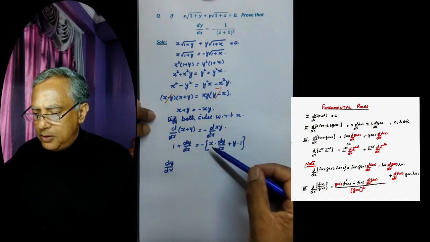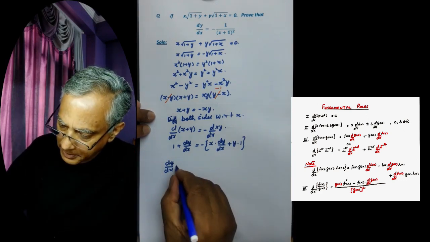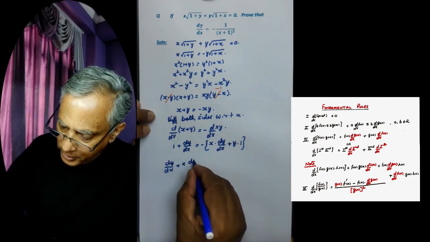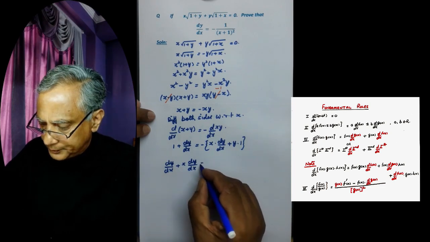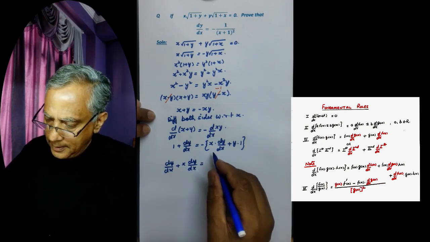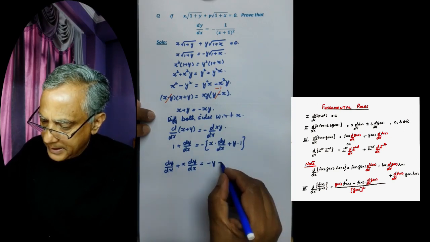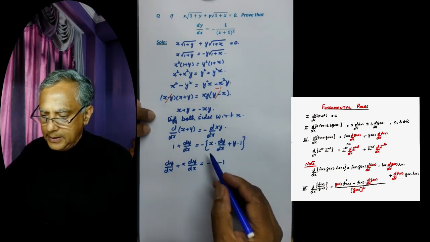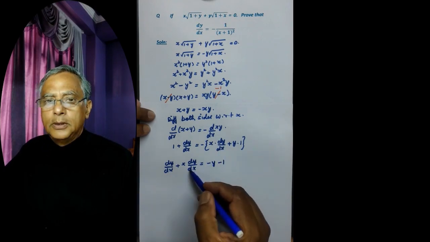We solve this equation for dy by dx. Take all terms involving dy by dx to the left hand side. So this will be plus x into dy by dx is equal to minus y minus 1. This is minus x into dy by dx, I have taken this to the left hand side.